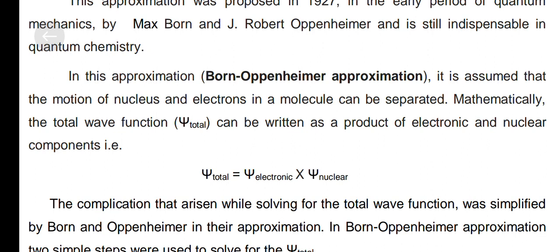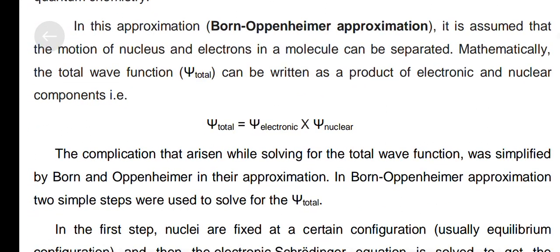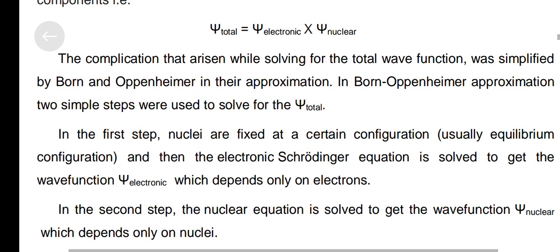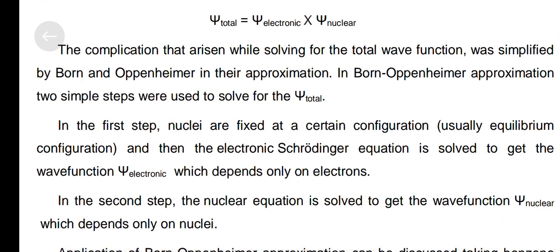The complication that arises while solving for the total wave function was simplified by Born and Oppenheimer in their approximation. In the Born-Oppenheimer approximation, two simple steps are used to solve for psi total. In the first step, nuclei are fixed at a certain configuration, usually the equilibrium configuration, and then the electronic Schrodinger equation is solved to get the wave function psi electronic, which depends only on electrons.